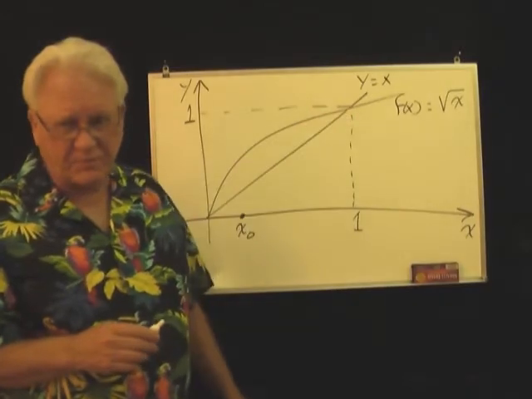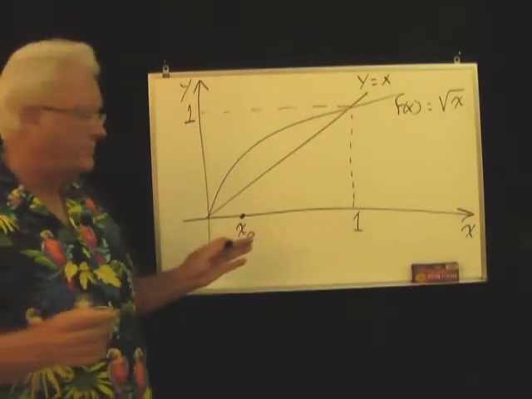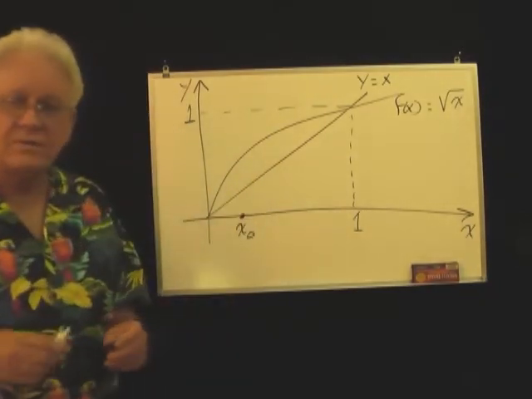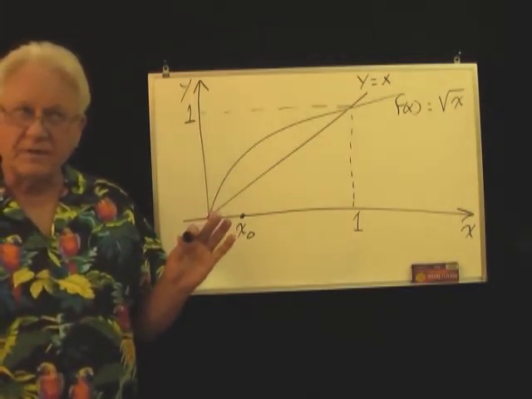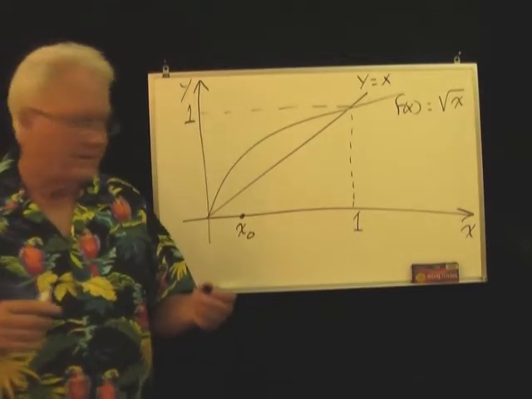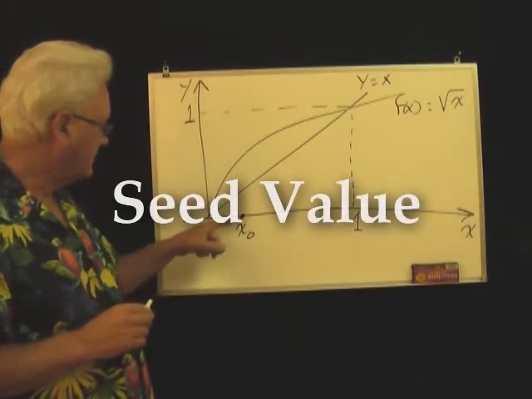That's kind of an important point. So we're going to take some value in between 0 and 1, and let's just see what happens graphically. This is a way to illustrate iteration graphically. Here's our first point, what's called a seed value. This is x sub 0.